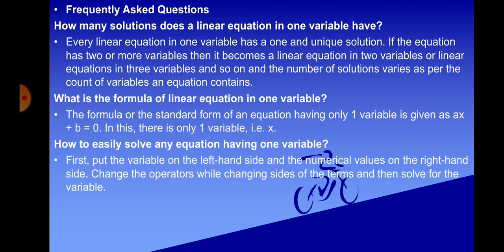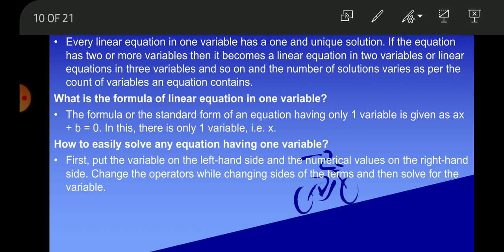First, put the variables on the left hand side and the numerical values on the right hand side. Change the operations while changing the side of the terms and solve for the variable.